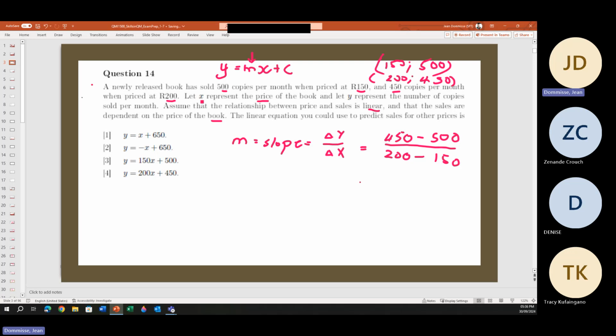So at the top, 450 minus 500 is minus 50. At the bottom, 200 minus 150 is positive 50. So our slope will be negative 1.